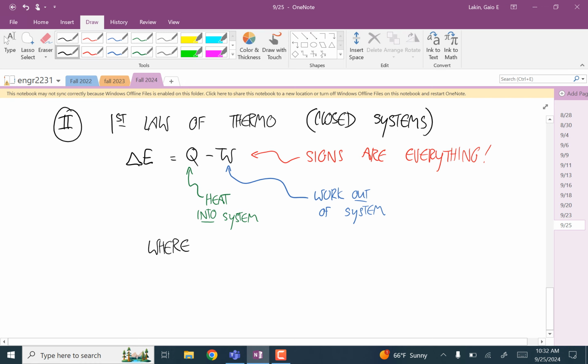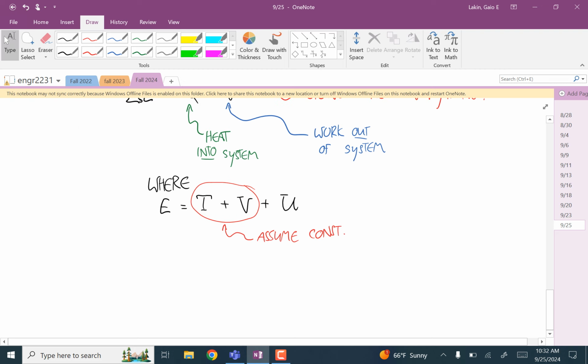And E is the kinetic energy plus the potential energy plus the internal energy. And these two, assume these are constant in this class, unless you have reason to believe otherwise, like you're given changes in height or changes in speed or something.